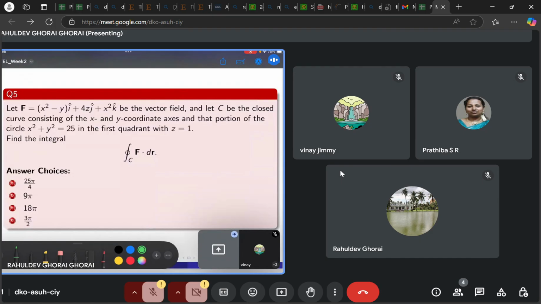If F is a vector field and C is a closed curve consisting of the x and y coordinate axes and the portion of the circle x square plus y square equal to 25 in the first quadrant with z equal to 1, how will this be?